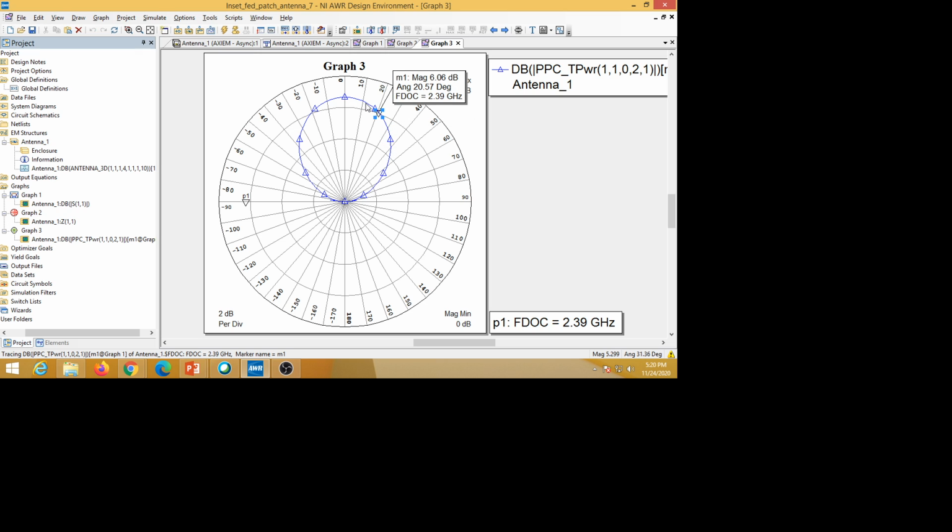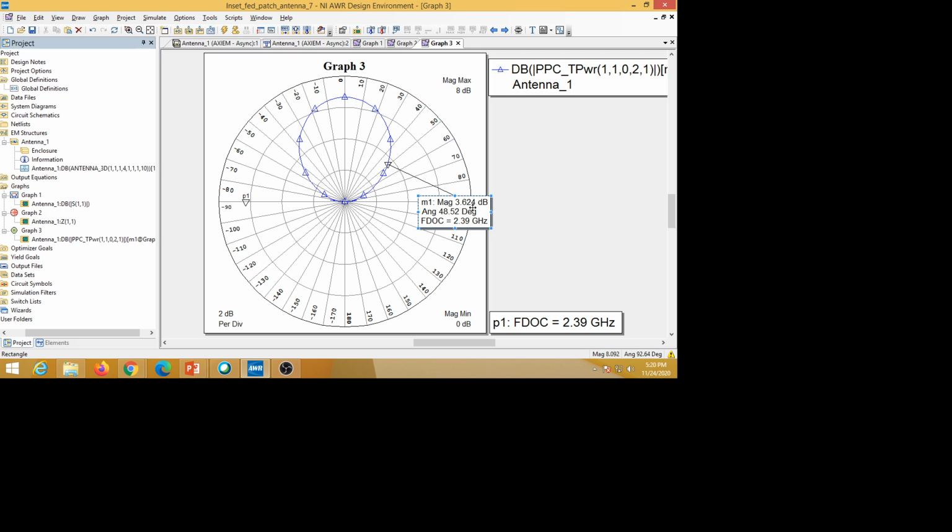When theta is 0 degree we have a maximum gain, but as theta changes, for example, if you go to theta equal to 48 degree, around 48 degree here, the gain is equal to 3.62.